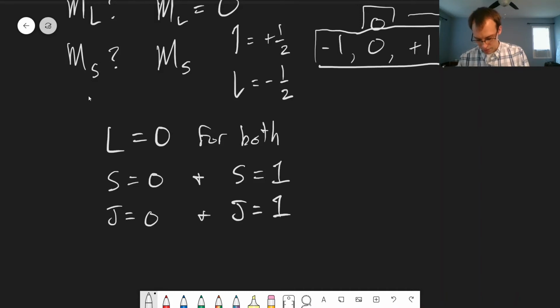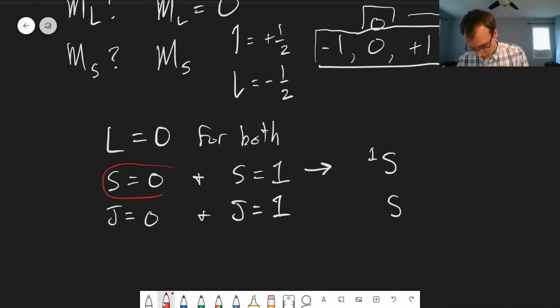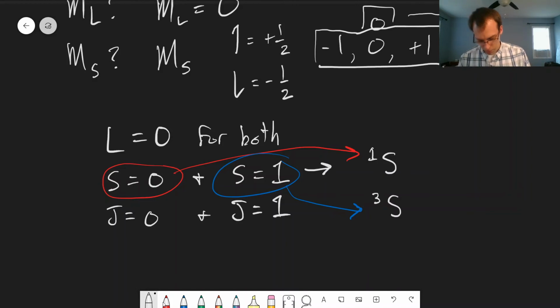So if we write these out, both of these will be capital S states. This is confusing because S gets used in multiple places. But our 2S plus 1, which goes as the superscript, is going to be 1 for this one where S is equal to 0. This top term is for this one, and this bottom term is for this one, where it's a 3, because 2S plus 1 is 2 times 1 plus 1, which is 3.